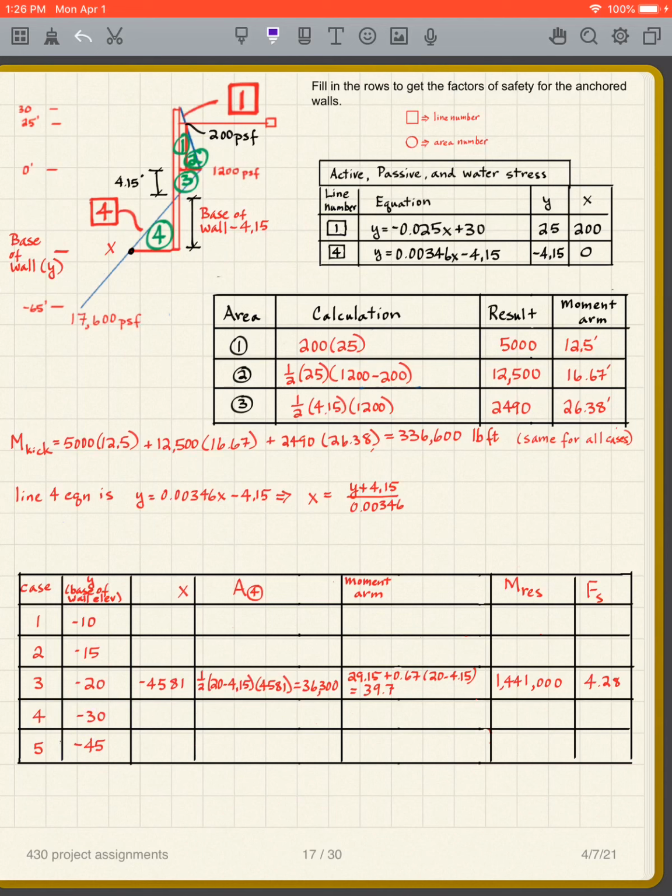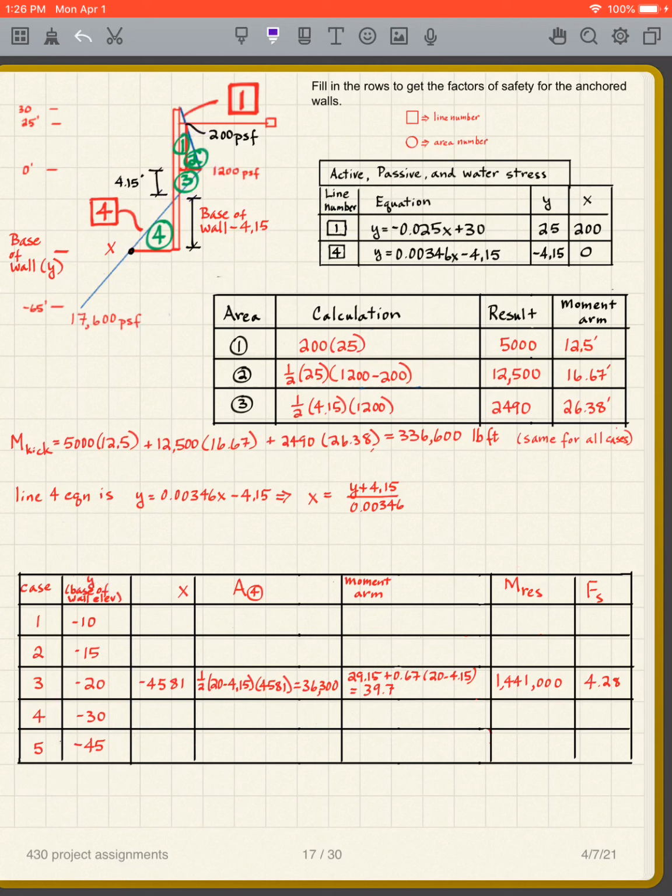But if you remember when we came up with these equations for the net stresses, line 4 here crossed 0 at a depth below the ground of 4.15 feet. So that doesn't change. Since our first one is negative 10, well, at negative 4.15, it crosses 0. So areas 1, 2, and 3 will be the same for all of these different cases.